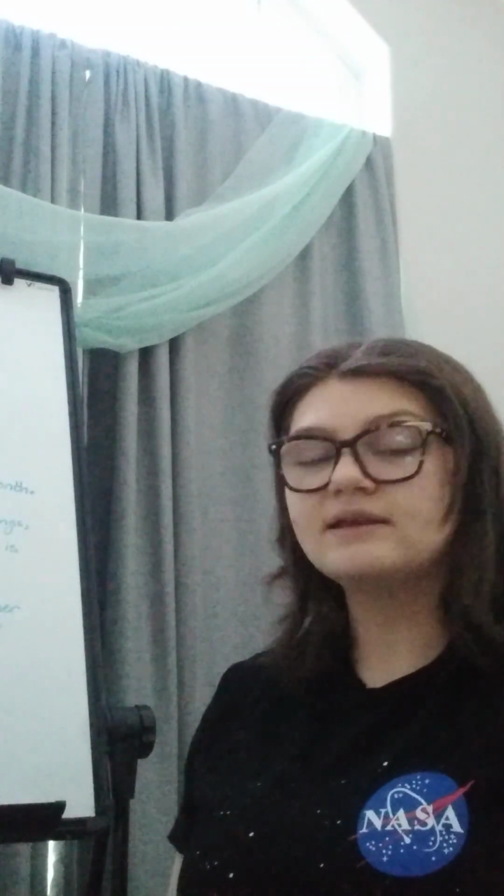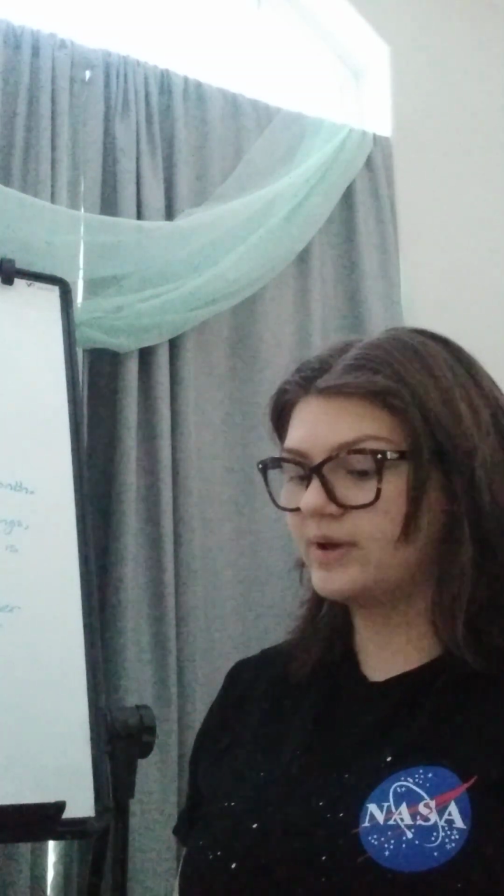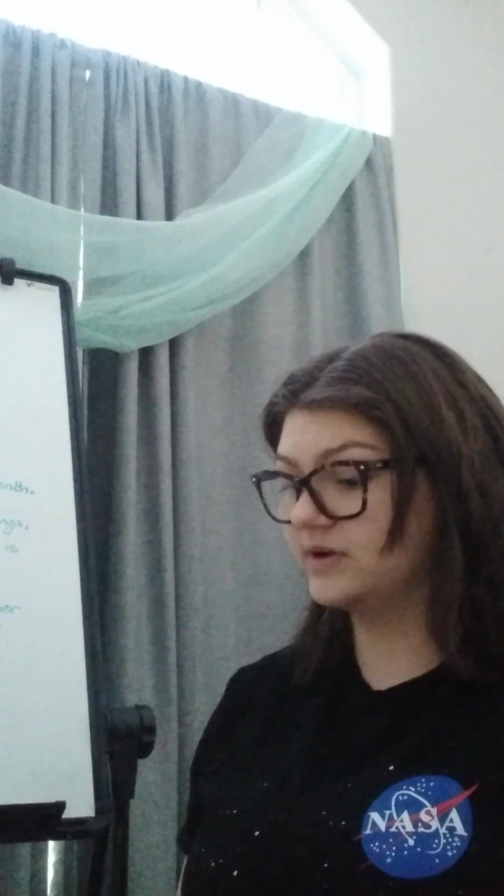So if you want 20% of 80, 80 is your total. So you have 80 times 20%. If I go ahead and divide that by 100, so 20 divided by 100, then you're just going to get 0.2.